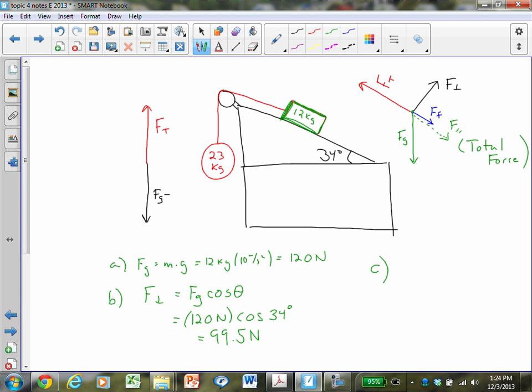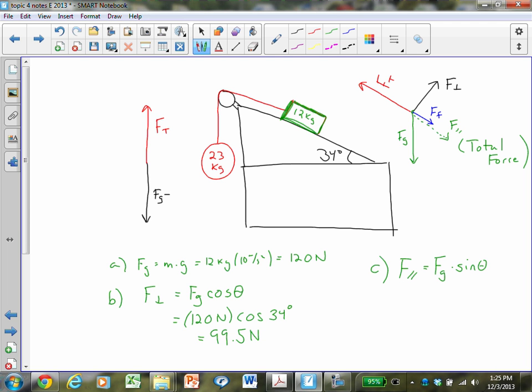And what's our formula for the parallel force? What was the formula for the component of gravity in a plane? G sine theta, right? So the F parallel force is Fg sine theta, or you could write mg sine theta, because Fg is mg.